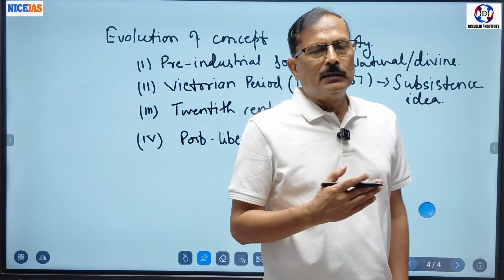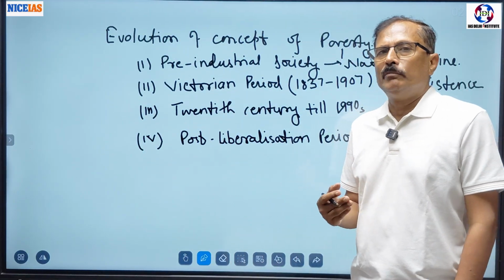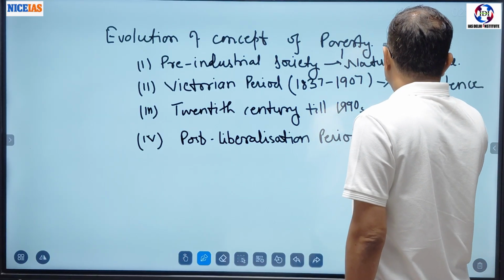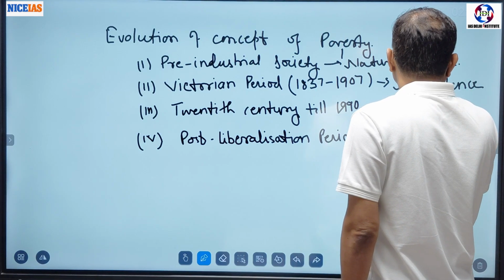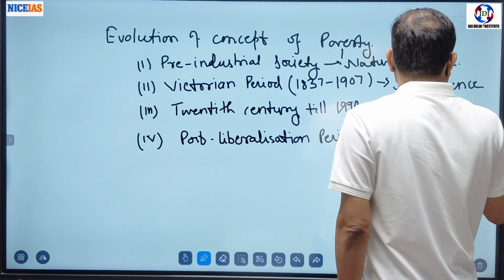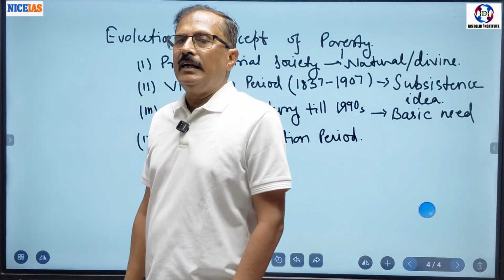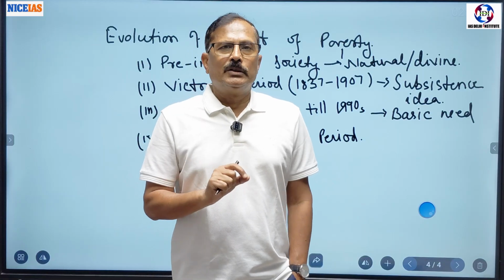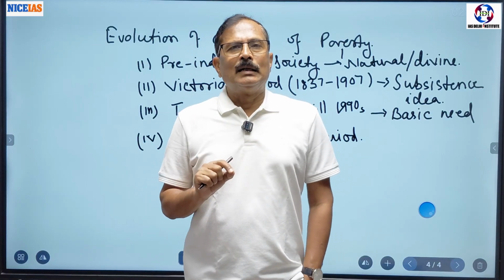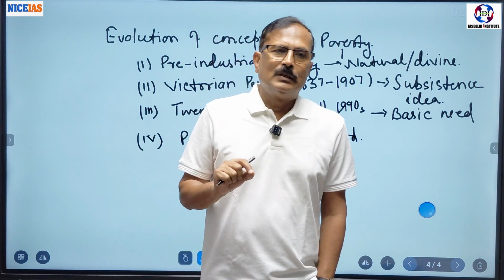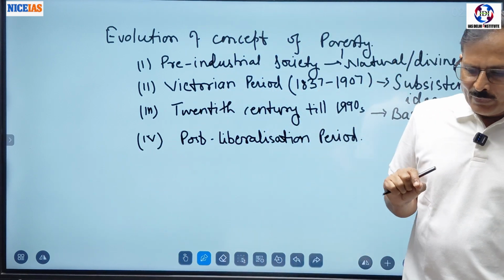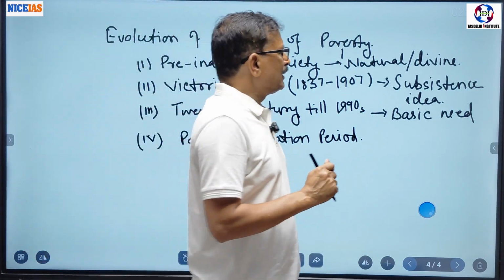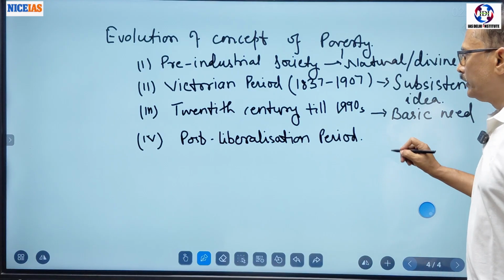But this was criticized for treating human beings as animals. So next came the basic need idea: it was not only nutritional requirement, but also other requirements like housing, clothes, productive assets, tools, land, etc. That was characterized as the basic need idea.